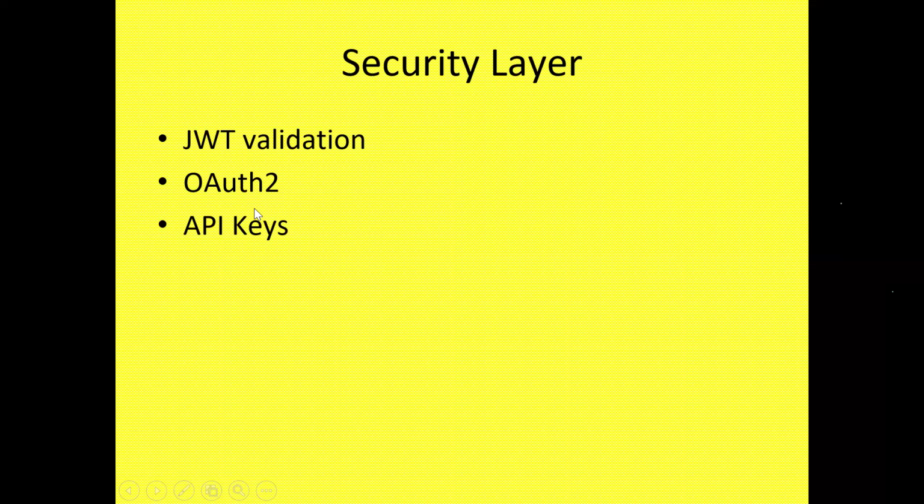Is it there by default, or do we need to explicitly implement these security things? In .NET, we have the Microsoft Identity Framework. That identity framework will help you to create JWT validation.